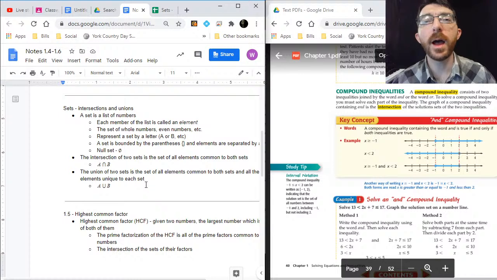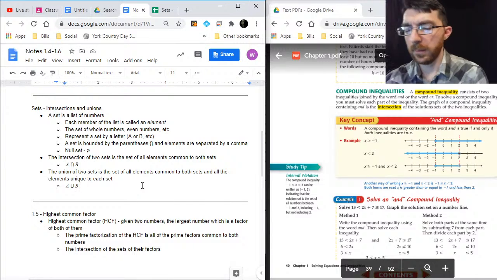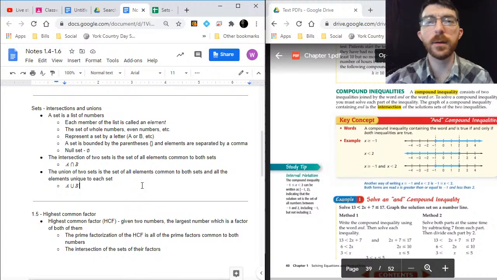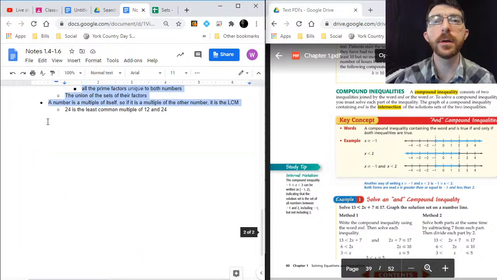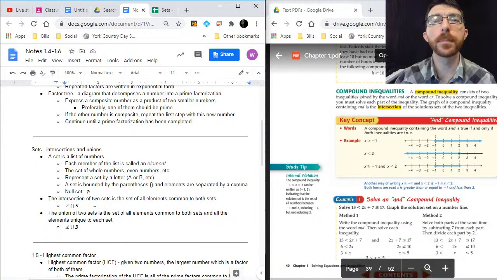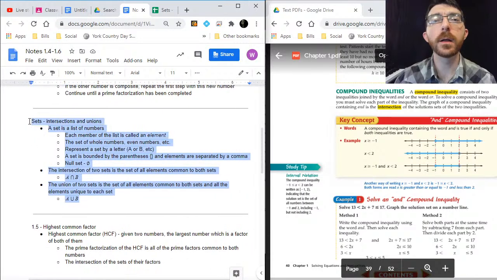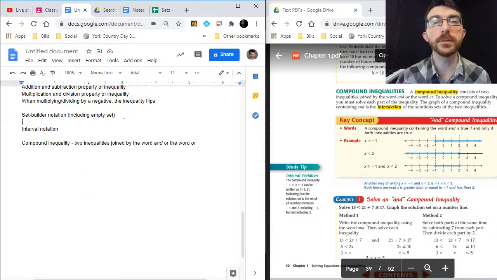So I had more than this. I did have more than this. Where is that? All right, I might have to look for that later. But I thought I had a whole sheet of this. All right, well, I guess I'm just gonna copy this over, I guess. Set builder notation, interval notation.